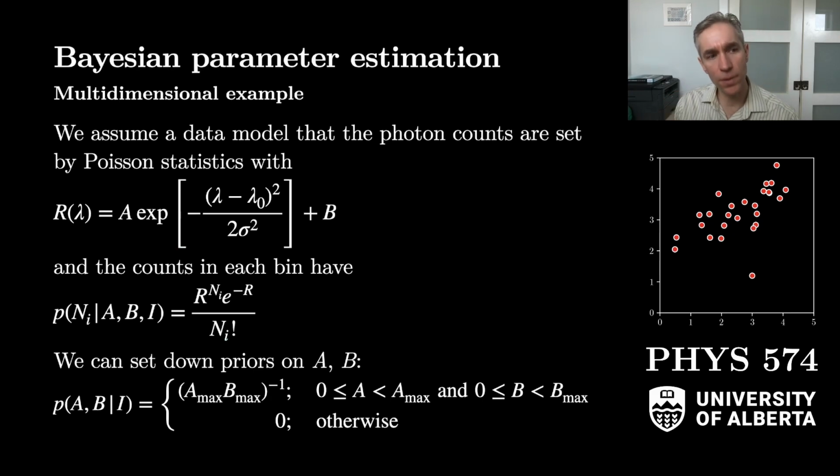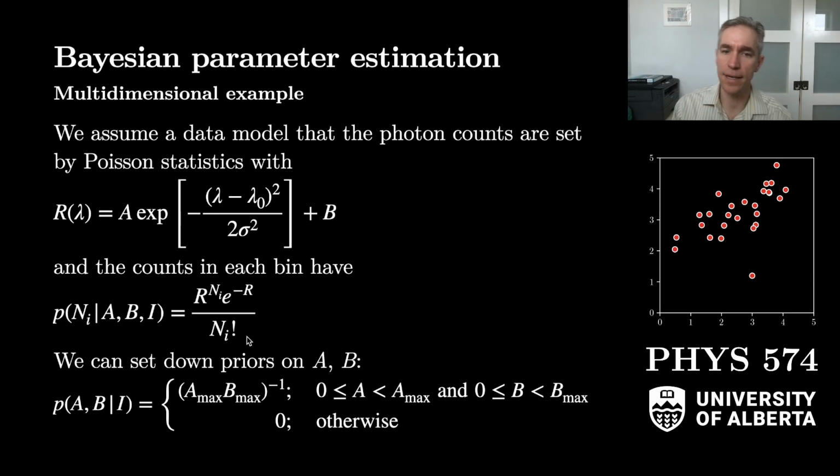We're going to assume a data model where those photon counts are set by Poisson statistics, and those Poisson statistics come from a rate equation that is just given by this Gaussian data model that we had before. And then the counts in each bin have the functional form that the probability of finding n counts is set by the Poisson distribution.